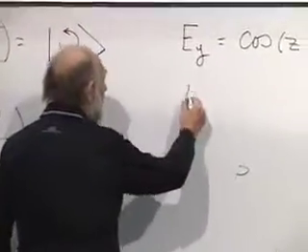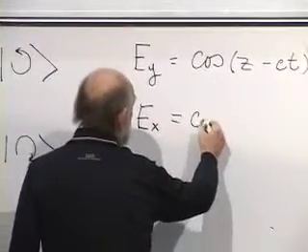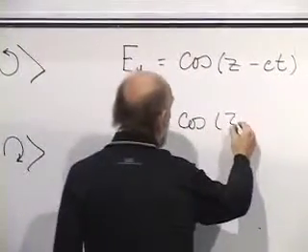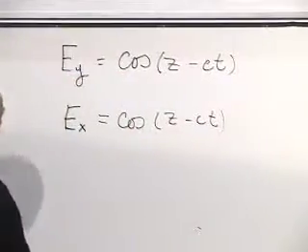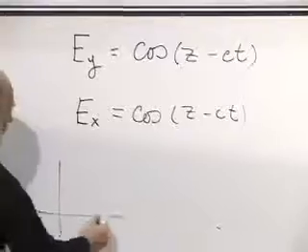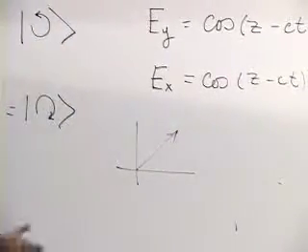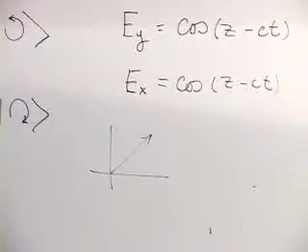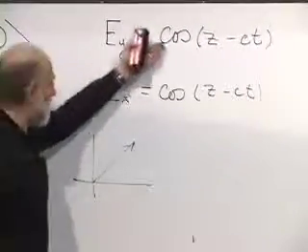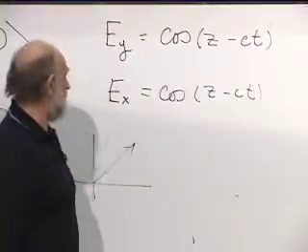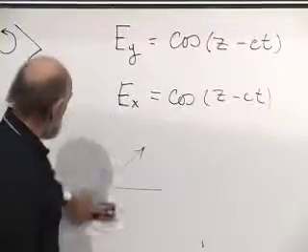The x component, if I wrote that that was also equal to cosine of (z minus ct), that would correspond to a plane polarized light ray at 45 degrees. In other words, it would just say that the component of the electric field in the 45-degree axis was square root of 2 times cosine of (z minus ct).